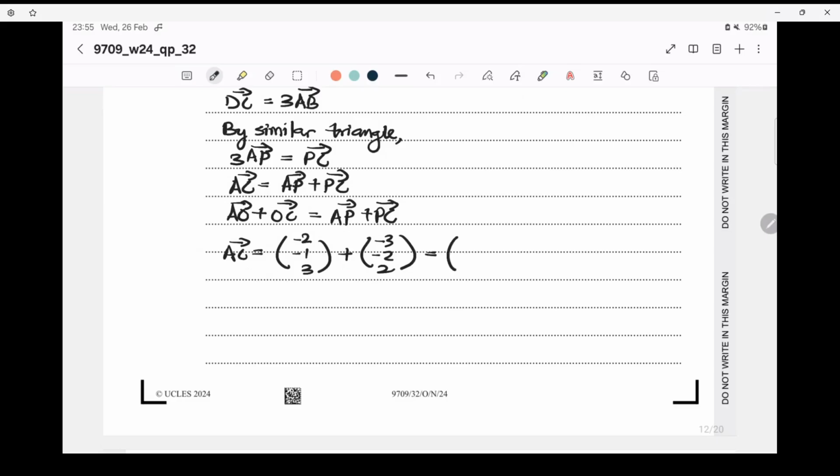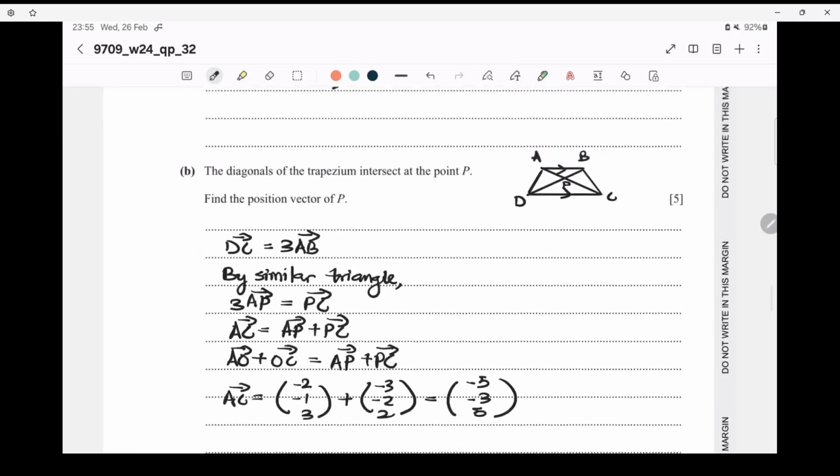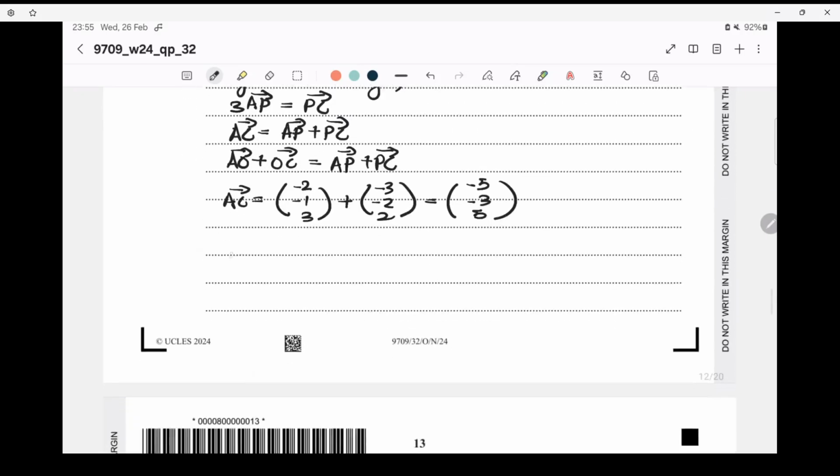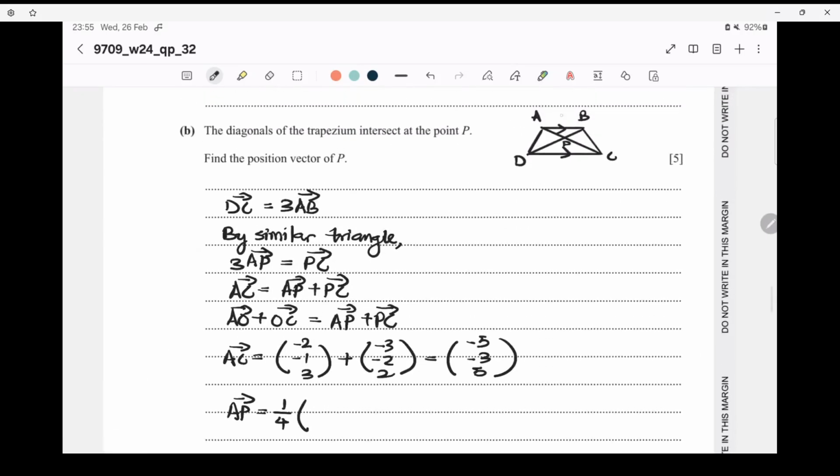And this is given by (-5, -3, 5). Then you need to find AP. We know that AP will be 1/4 of AC because of the ratio. So this is 1 part and this is 3 parts.